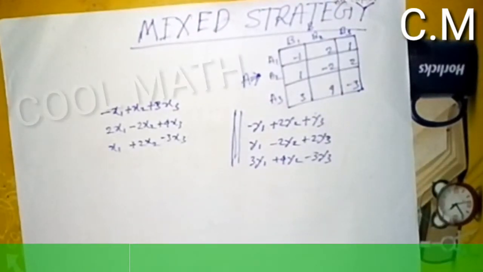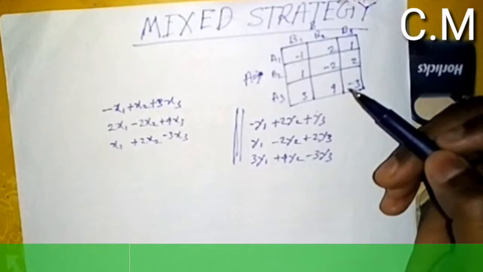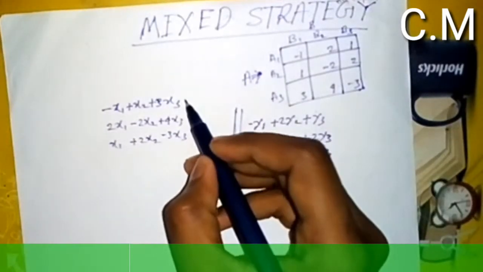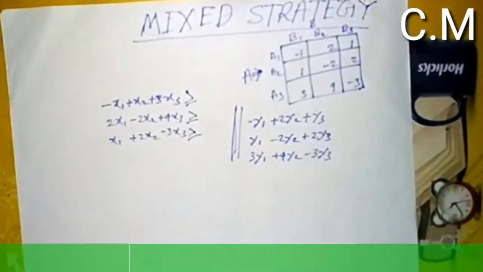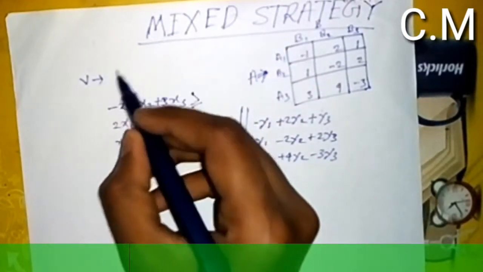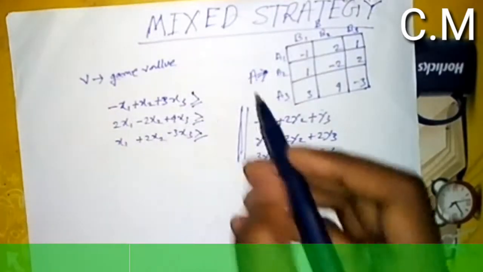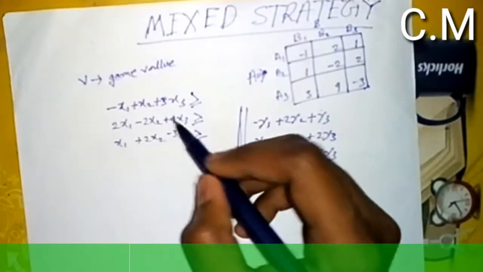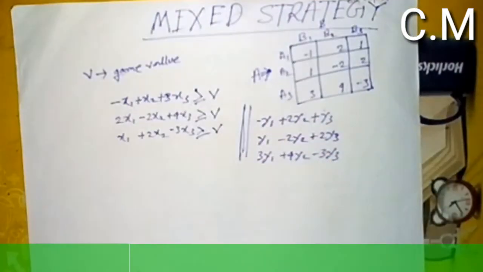Now I said before that A denotes the profit matrix and B denotes the loss matrix. This will be denoted by a constant number V, which is called the game value. We write minus x1 plus x2 plus 3x3 is greater than or equal to V, and so on for each.